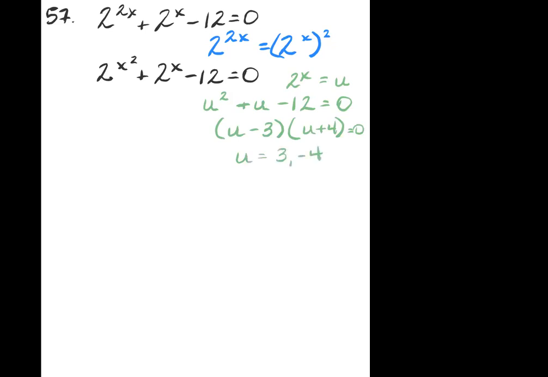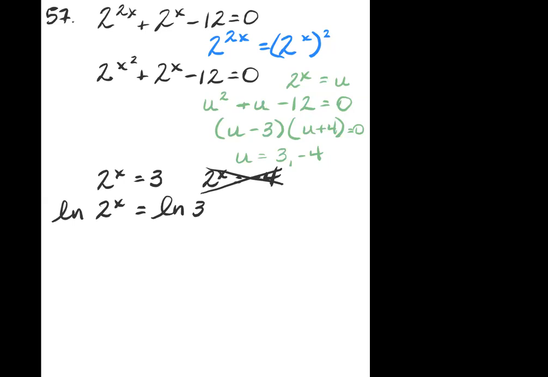Okay, so we would substitute that back in. So we get 2 to the x equals 3 and 2 to the x equals negative 4. But we can't have logarithms of negative numbers. So automatically, this negative 4 gets crossed off because we're going to immediately go ln 2 to the x equals ln of 3.